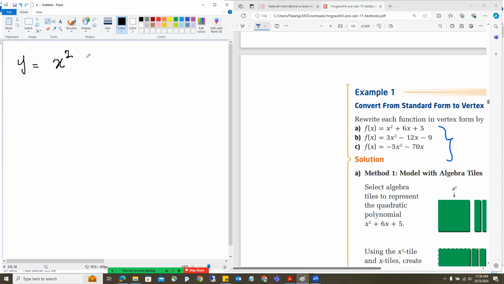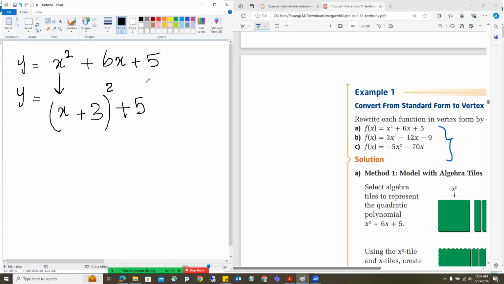y is equal to x squared plus 6x plus 5. So what will happen? y is equal to, we have to consider x plus half of this coefficient, that is 3, completing the square, plus 5 is remaining, and the additional value is what?